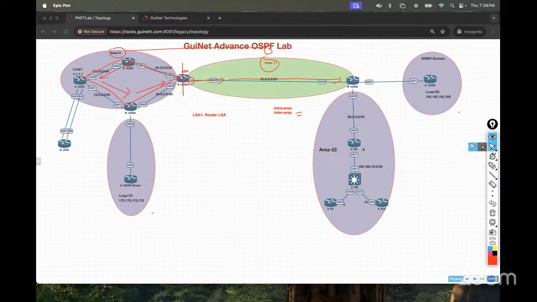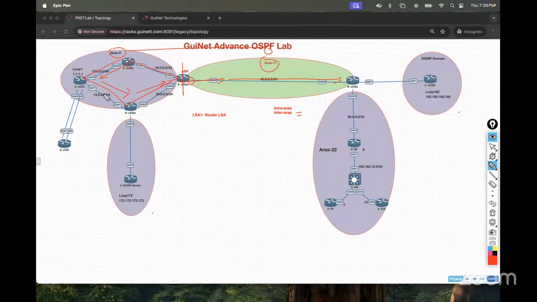When I talk about LSA1, these LSAs are originated by the routers directly inside a single area. That means this is my area, and if any router is going to run OSPF and create OSPF neighborship, it has to advertise its LSA information.